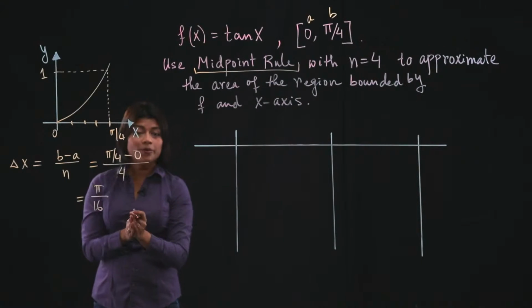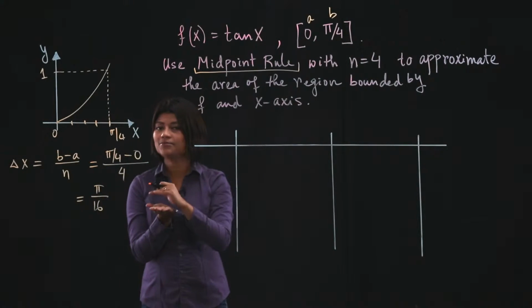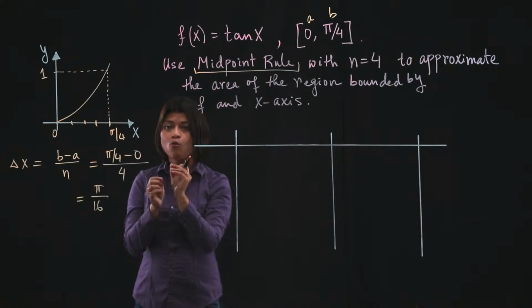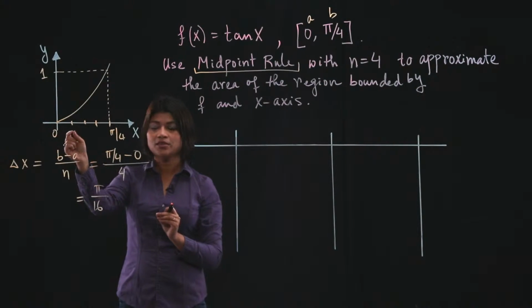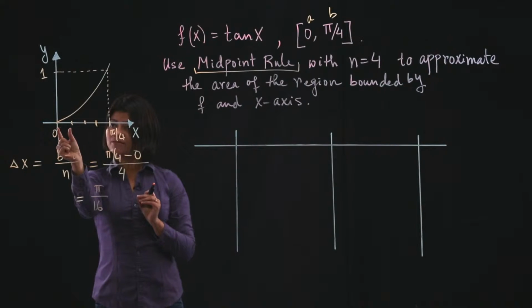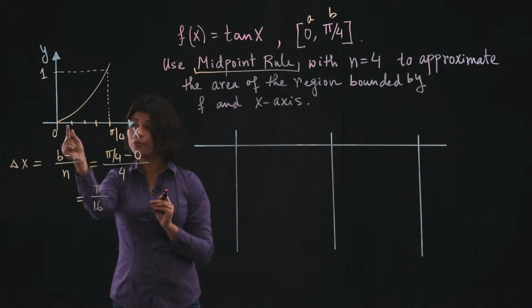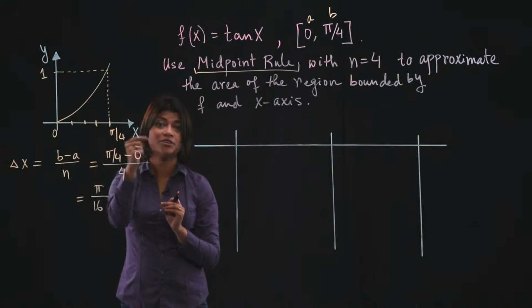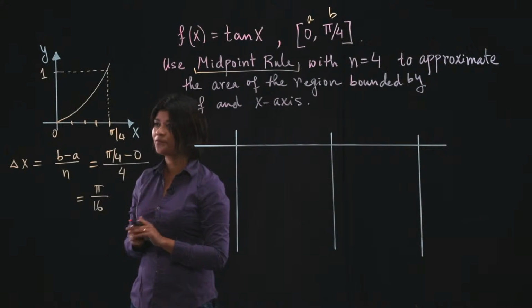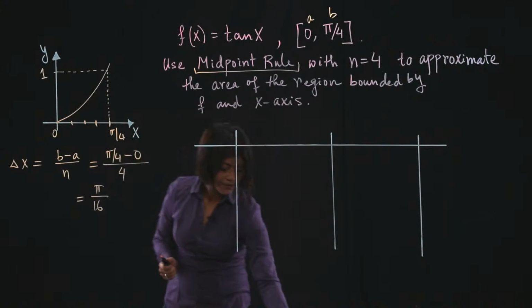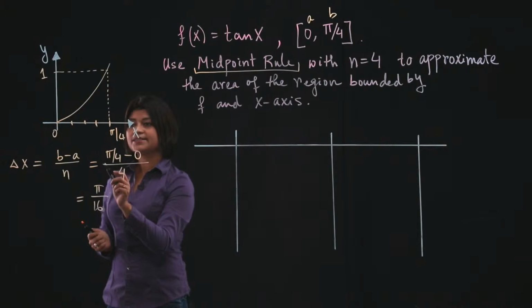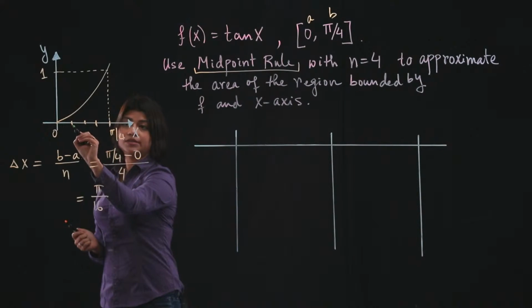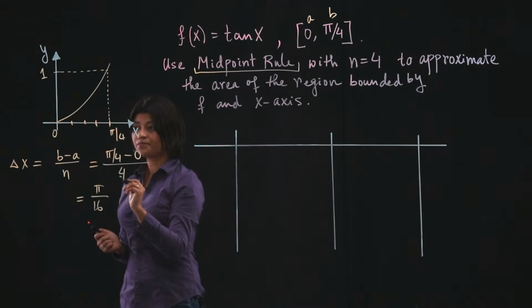Okay, so in order to calculate the length of the rectangle, we need to know what is that midpoint, which means each of these subintervals, we know the length, but we have to figure out the midpoint of each of these subintervals. Okay, in order to do that, I always suggest let's write down these endpoints of the subinterval.